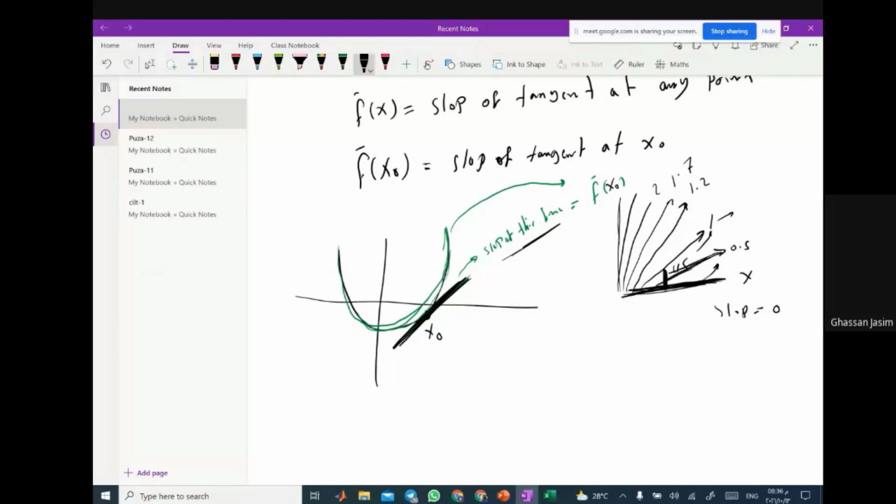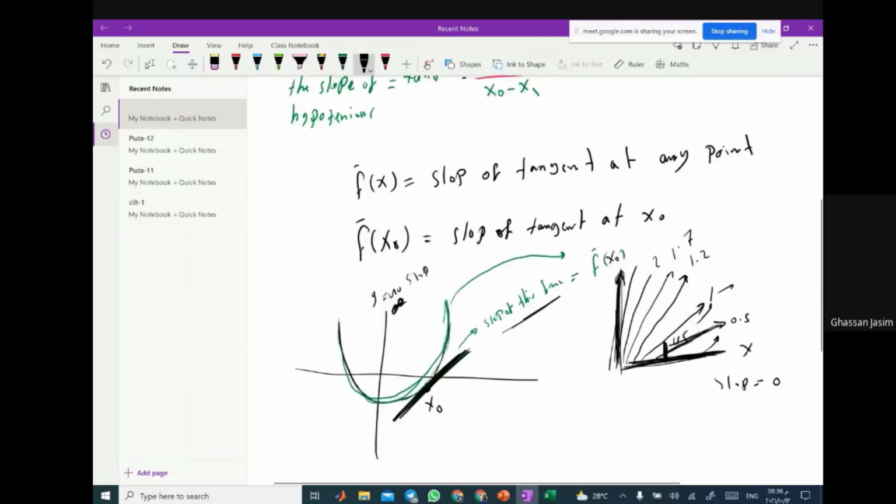Even if I have a vertical line, the slope is undefined, it is infinity, because we will divide by 0.